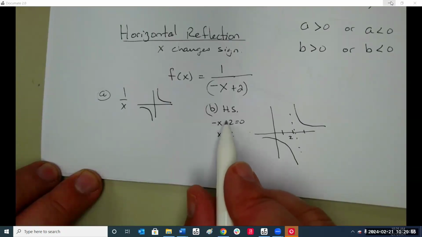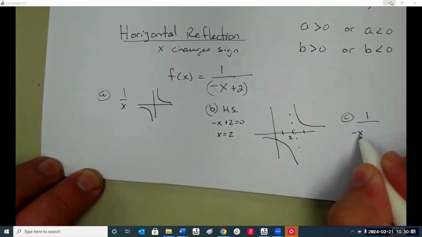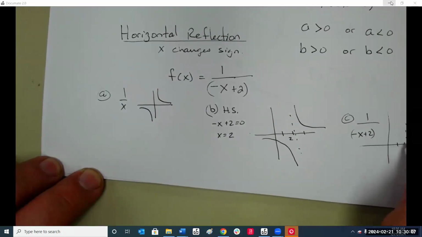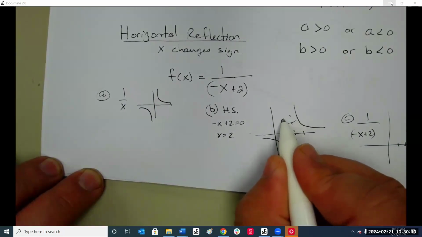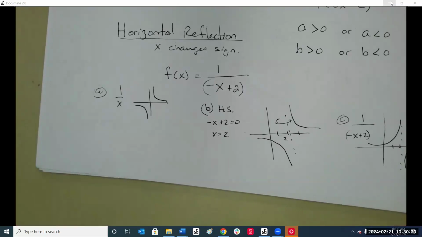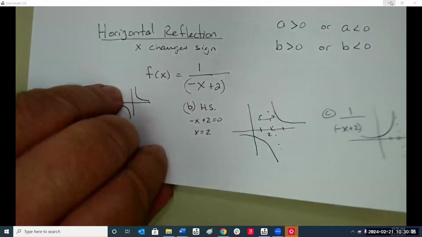But the value of x changes signs, which means that the graph has to rotate about the y-axis. So now we have this graph.